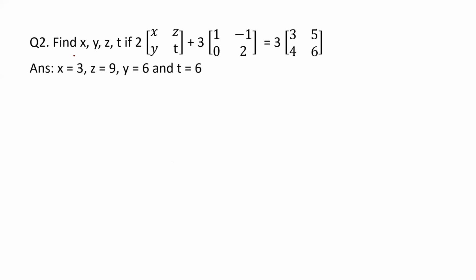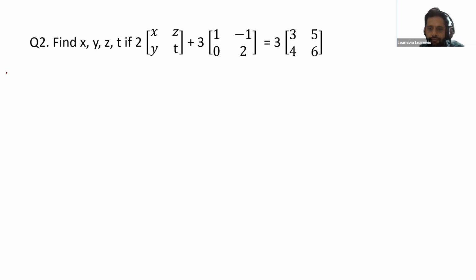Okay, Shiva, x is 3, z is 9, y is 6, very good. And t is 6. Very good, Shiva. This is the correct answer. Saf, very good.